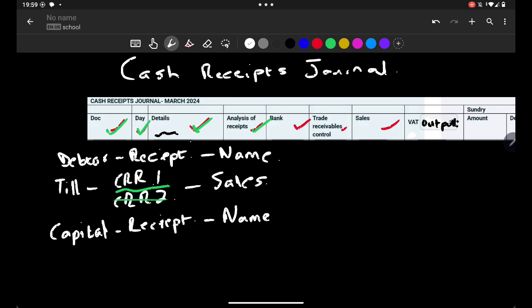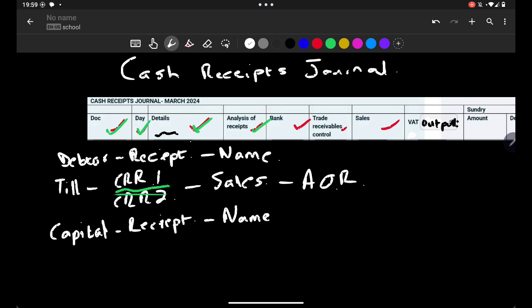So analysis of receipt works with till slips, with the cash register, with physical sales that we make, not with debtors' receipts, not with debtors that pay us, not with any capital contribution, not with any loans that we get. No, only with this. So this is analysis of receipts.